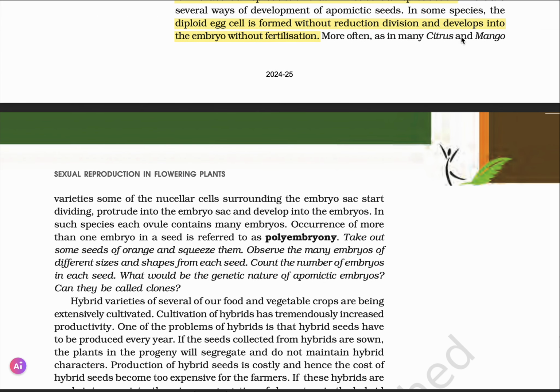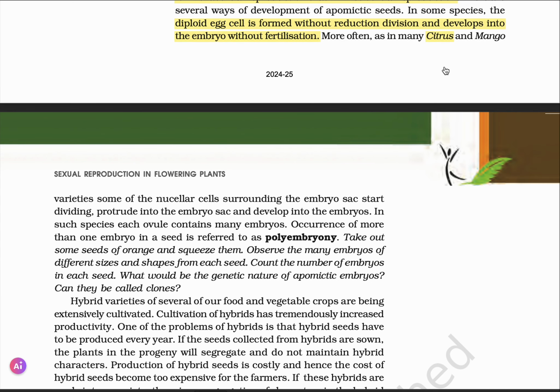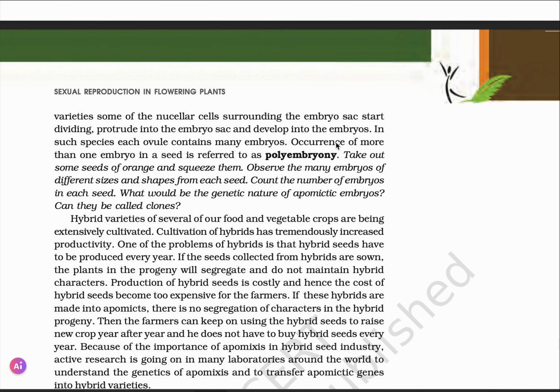Then in the citrus and mango family, in mango varieties, the nucellus cells protrude inside. Some of the nucellus cells surrounding the embryo sac start dividing, produce into the embryo sac and develop into the embryo, and it contains many embryos.